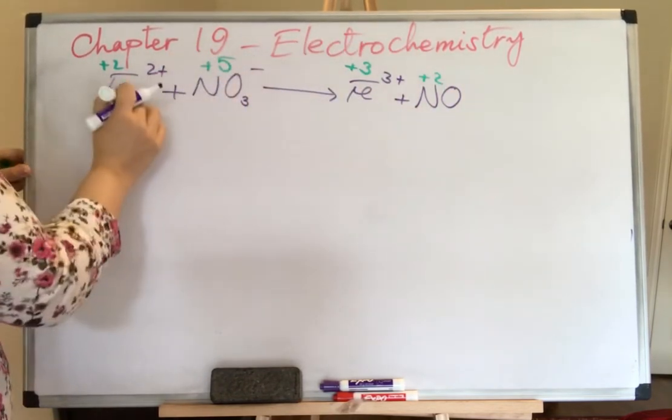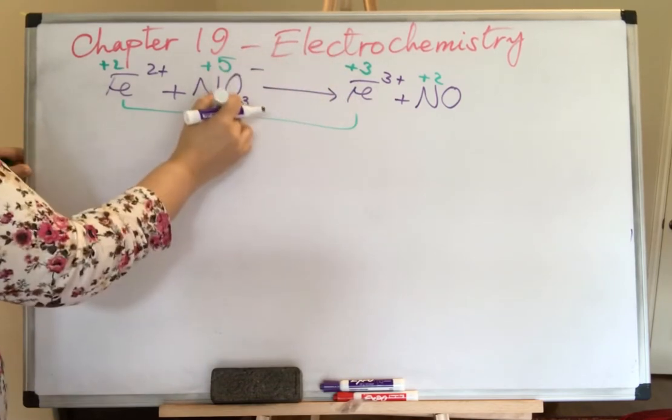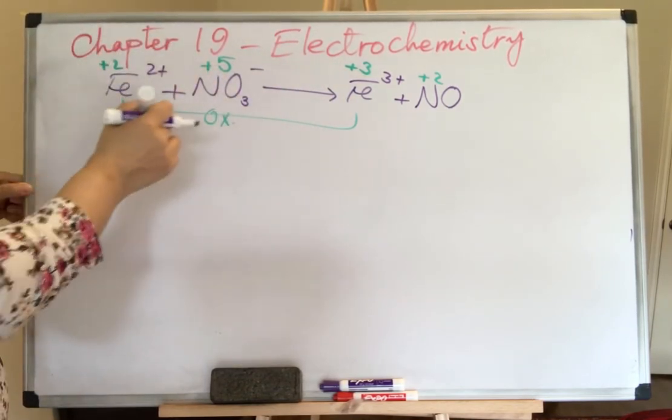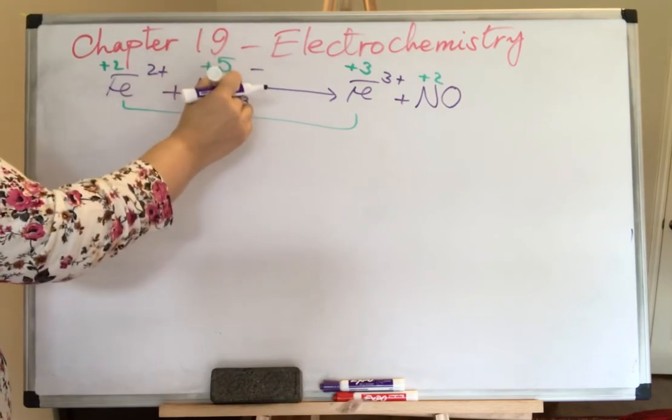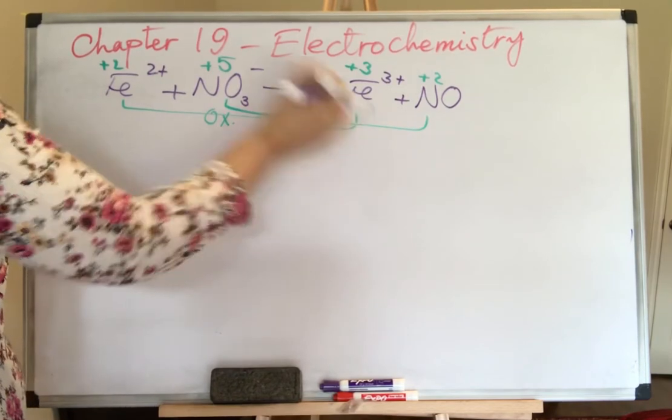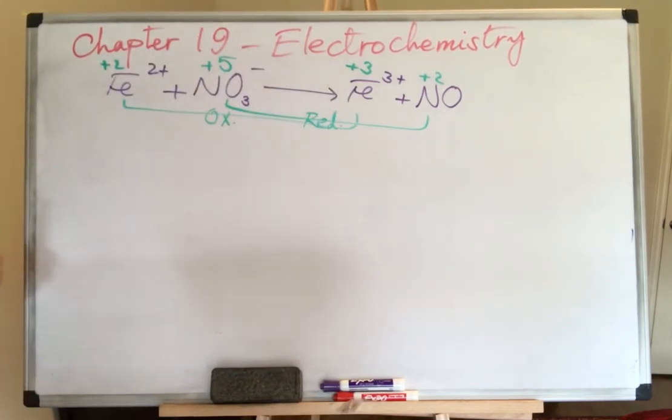So when the oxidation number increases, oxidation has happened. We just showed it OX. When the oxidation number decreases, reduction happens. So we need to split this whole reaction into 2 half reactions.